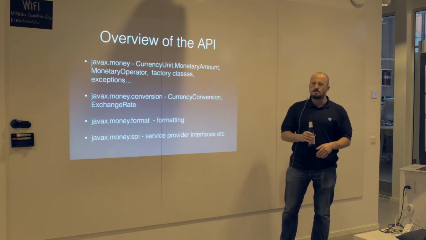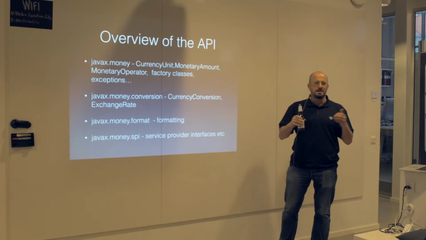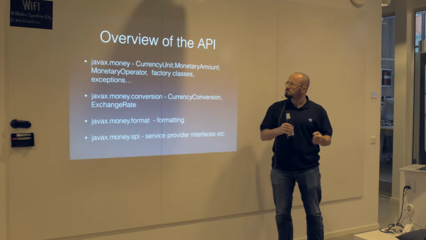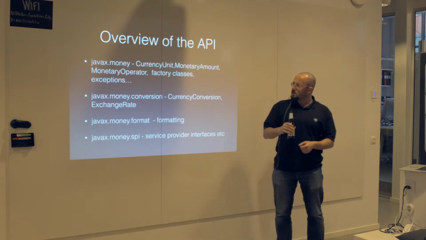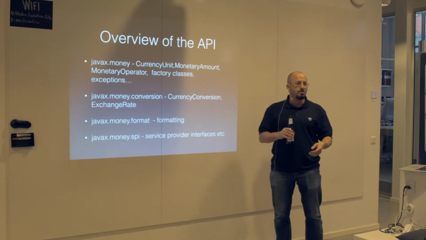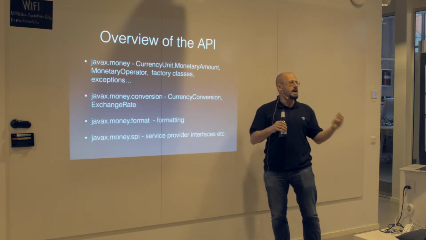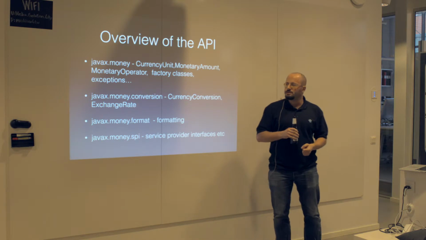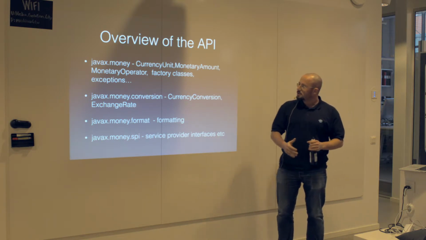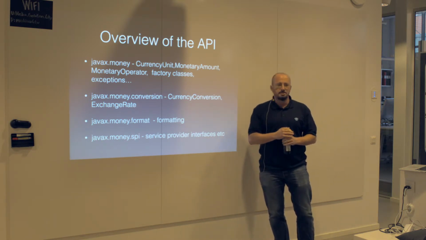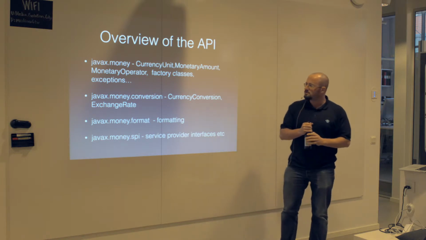MonetaryAmount is, well, a currency unit with a number, so like 10 krona. MonetaryOperator is another interface for doing things to money, like conversion, rounding, stuff like that. Also factory classes and exceptions, and a lot of other useful small things.